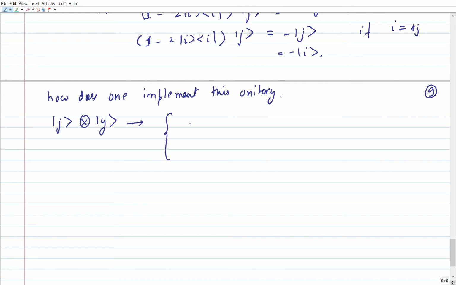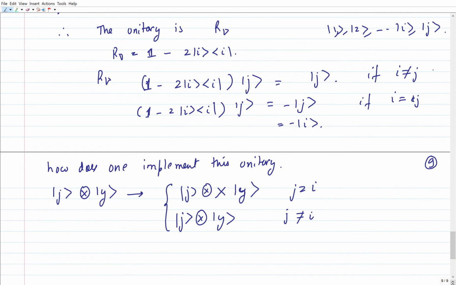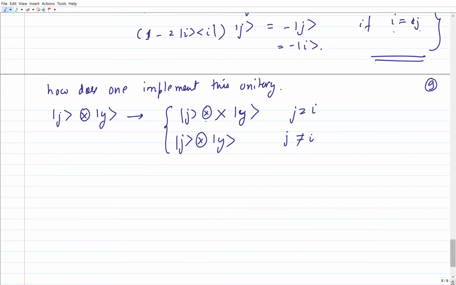What essentially I want is that J operates with the X gate on Y if J equals I, and leaves it as it is if J is not equal to I. So remember, this gives you an example that the implementation better be a controlled-NOT operation, because it's a conditional thing. Something else is happening when I is equal to J, something else is happening when I is not equal to J. In order to implement it as a control operation, this is my idea.